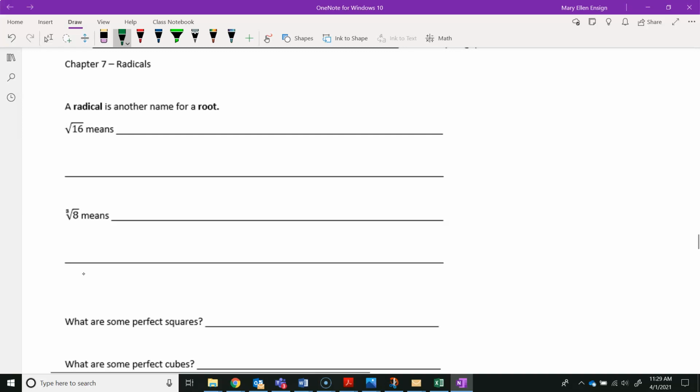of a square root or any root as a question. So to me, what this is asking, square root of 16 means what number multiplied by itself equals 16?